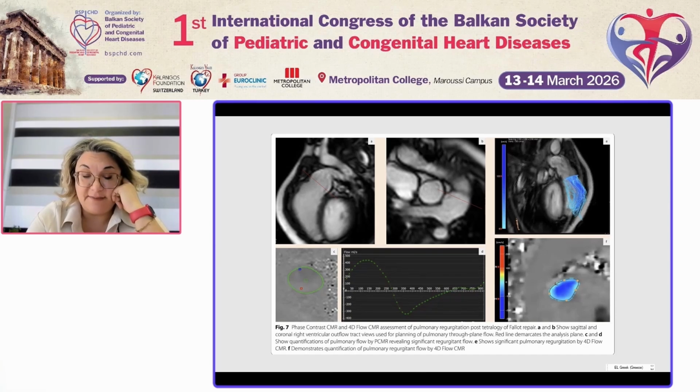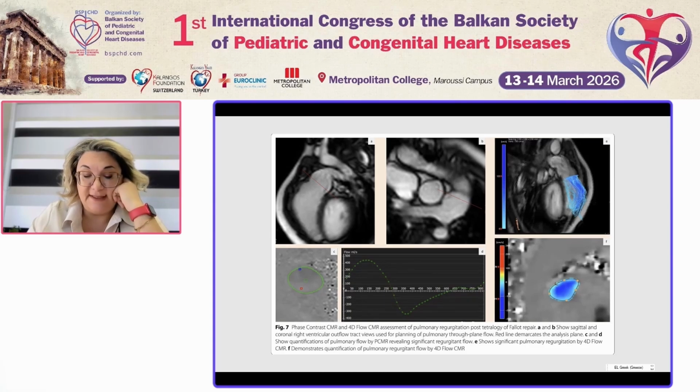This slide demonstrates how phase contrast CMR and 4D flow can be used to assess PR after repair of tetralogy of Fallot. In panels A and B, sagittal and coronal views of the RVOT are used to position the imaging plane perpendicular to the pulmonary artery, and correct plane alignment is critical to ensure accurate through-plane phase contrast flow measurements.